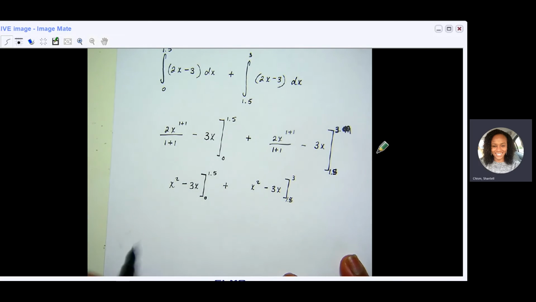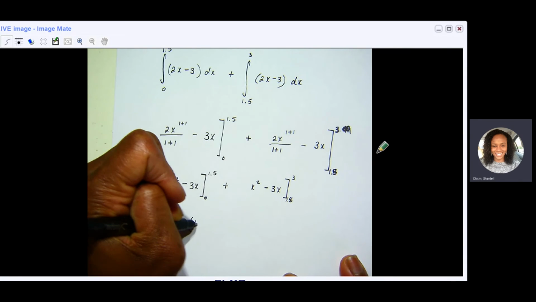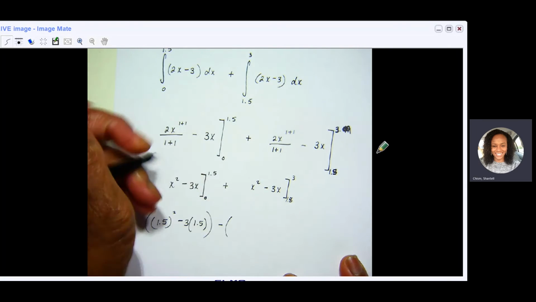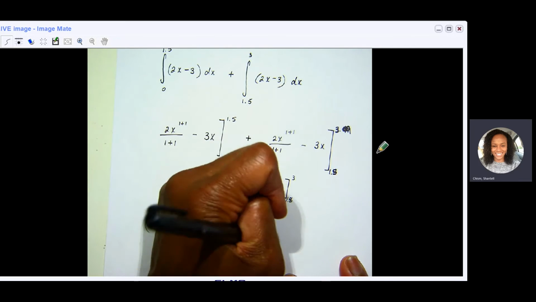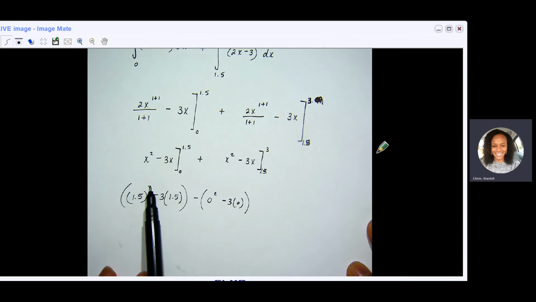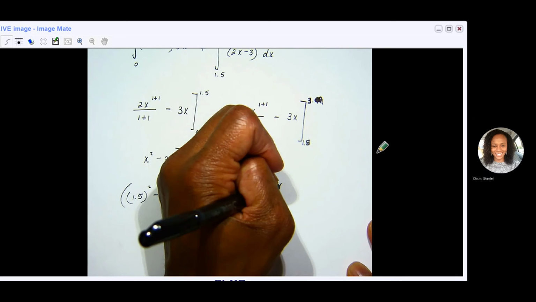So plugging in 1.5, so 1.5 squared minus 3 times 1.5. Then 0, it's going to be 0. All right, so that's this first one, evaluated at 1.5 and 0. Then we're going to say plus this one.